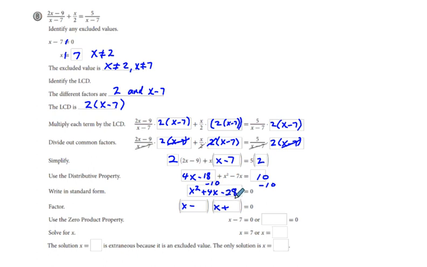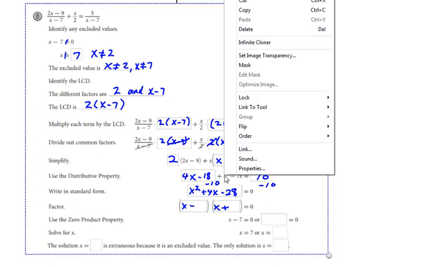Let's see, what are the factors? 28, 14 and 2, 7 and 4. Would that be right? Seven and 4.